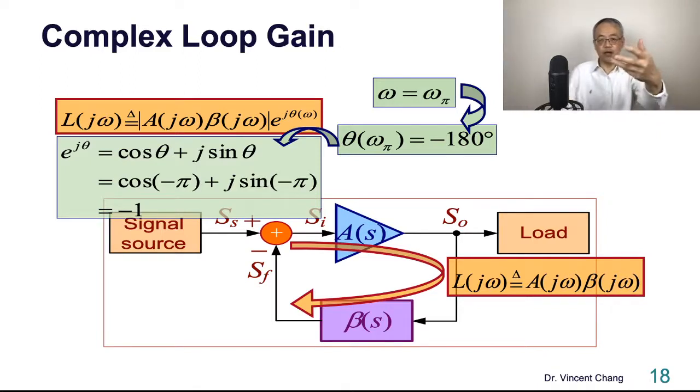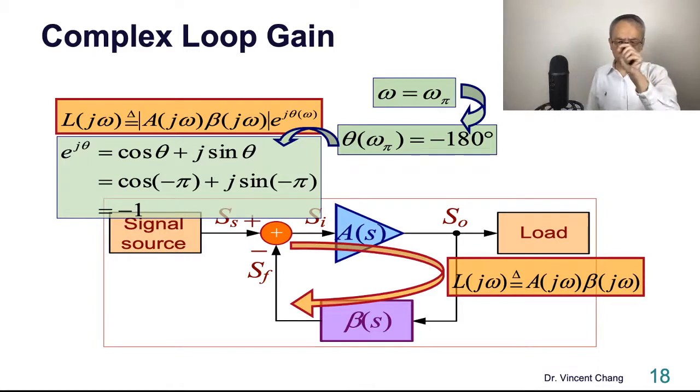Let me explain why. Let's pull up the famous Euler formula: exponential j theta equals cosine theta plus j sine theta. If you replace the angle theta with negative 180 degrees, what do you get? Cosine pi is negative 1, and sine pi is 0.